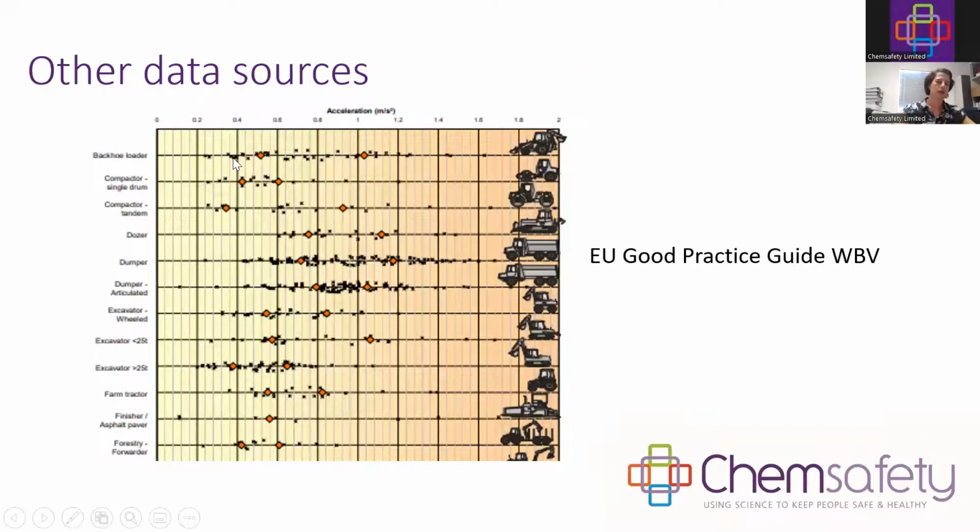So data that is available, once again, is just talking with the manufacturers regarding whole body vibration on their equipment. And then if they don't have it available, the EU Good Practice Guide for Whole Body Vibration, they've also done heaps of research on mobile equipment.